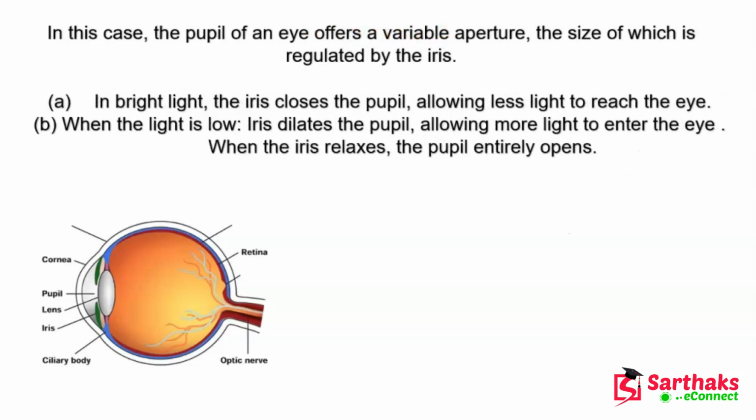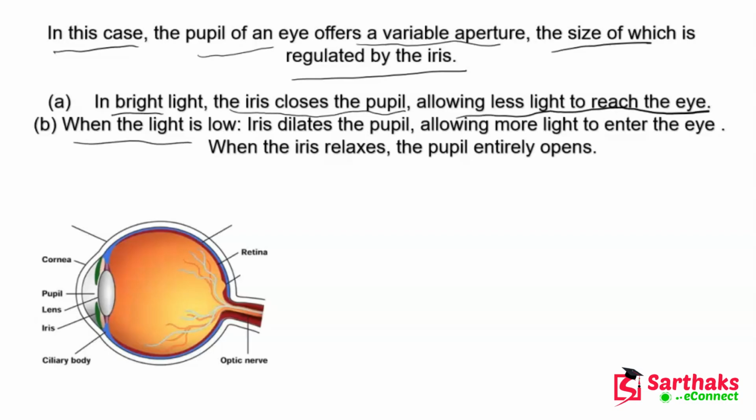Okay guys, in this case the pupil of an eye offers a variable aperture, the size of which is regulated by the iris. So basically the same thing which I explained in the previous slide is written here. In bright light the iris closes the pupil, allowing less light to reach the eye.